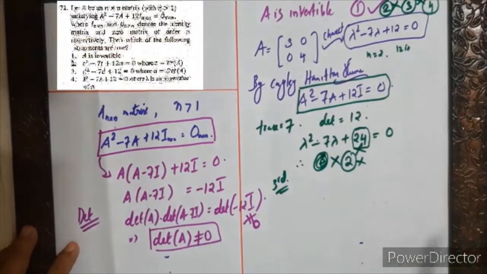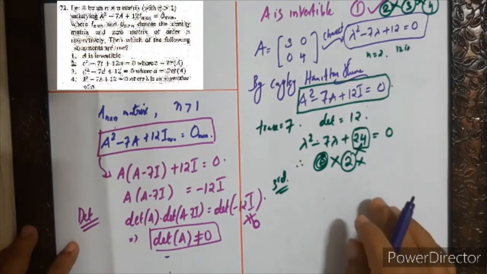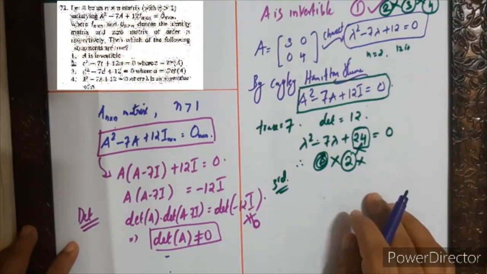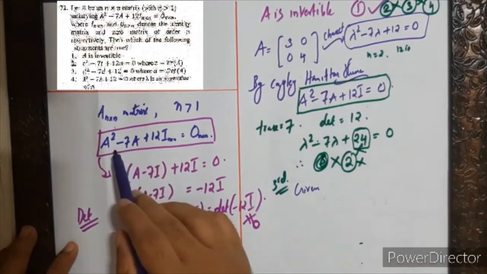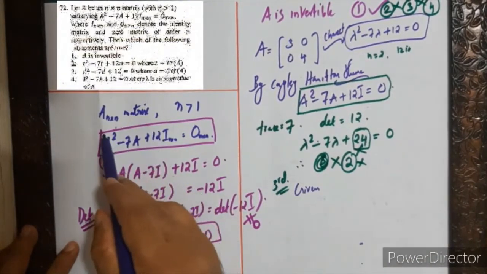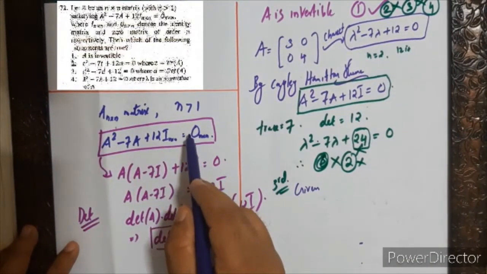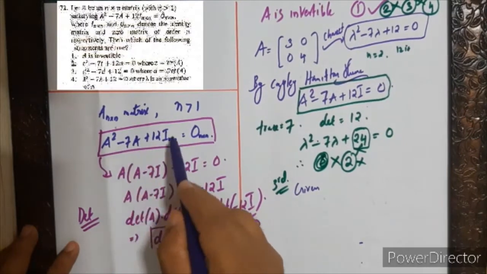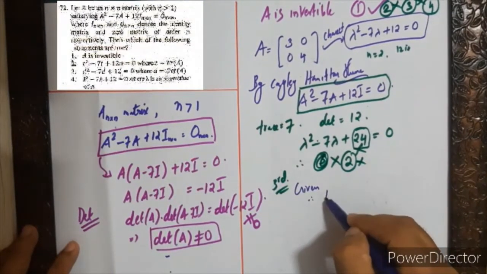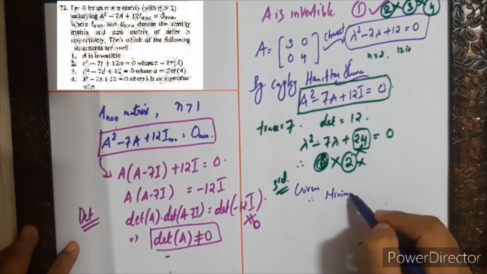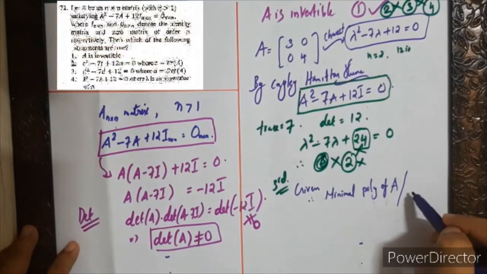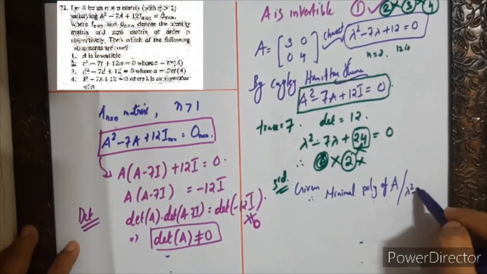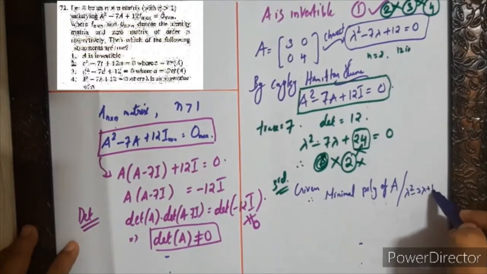Now what about the fourth option? Lambda square minus 7 lambda plus 12 equal to 0, where lambda is an eigenvalue of A. Now given A satisfies this polynomial equation, therefore we know that the minimal polynomial of A divides lambda square minus 7 lambda plus 12.